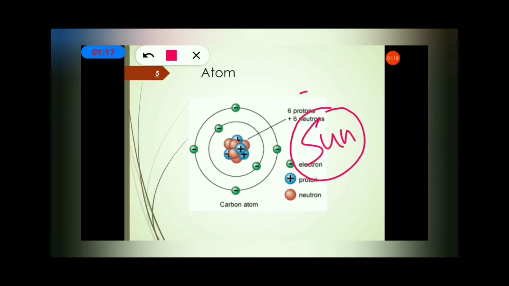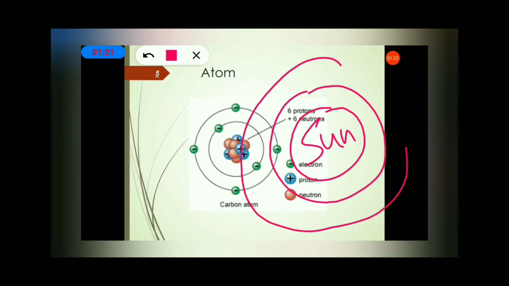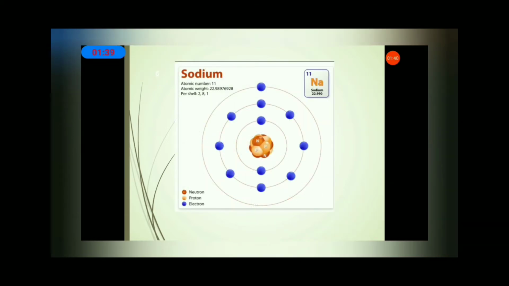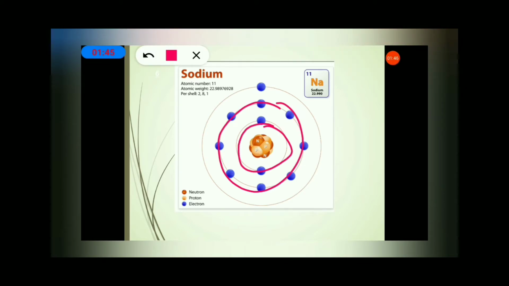Other planets revolve around the sun in a particular path. That path is called an orbit. So Mercury, Venus, Earth, I can't draw all because the screen is not big enough. Same way, electrons revolve around the nucleus in a particular path. That particular path is called an orbit or shell.